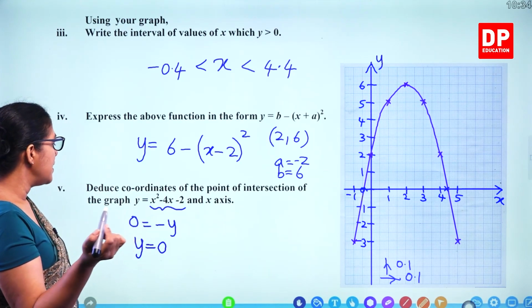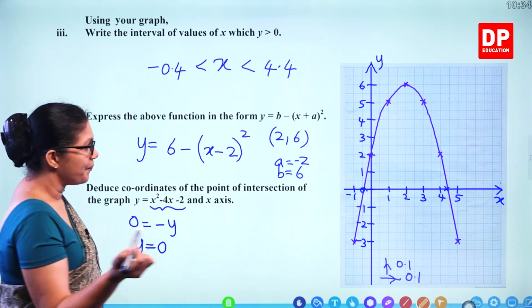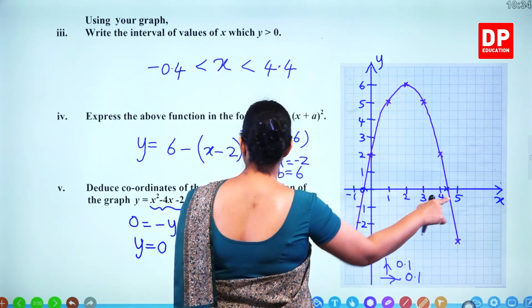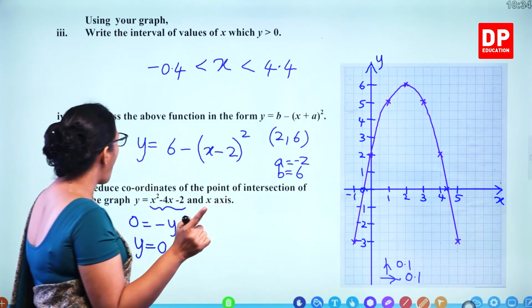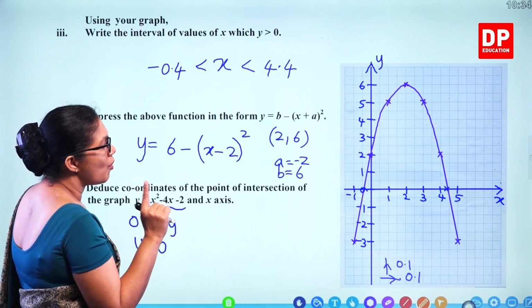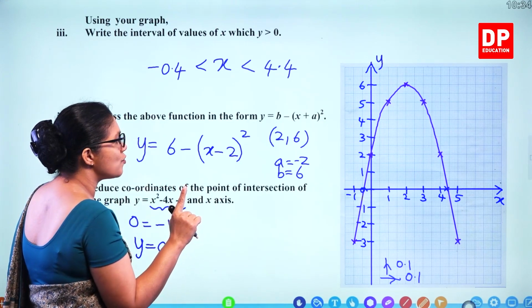When you multiply 0 by negative, you get 0. So you can find out the points here. So those are the coordinates of the points. So x values are those. So what are the y values? y values are 0.